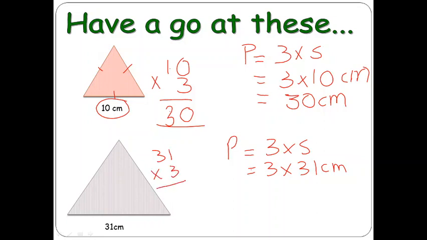First multiply 3 with 1. 3 multiplied by 1, the answer is 3. Now multiply 3 with 3. 3 multiplied by 3 equals 9. So 93 centimeters is the distance around this equilateral triangle. This is the perimeter for this equilateral triangle.